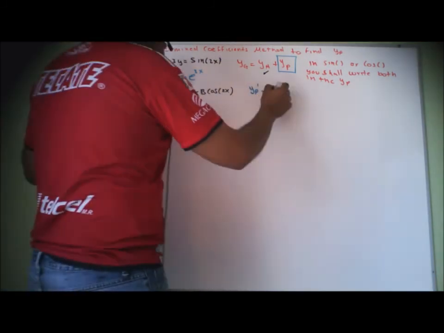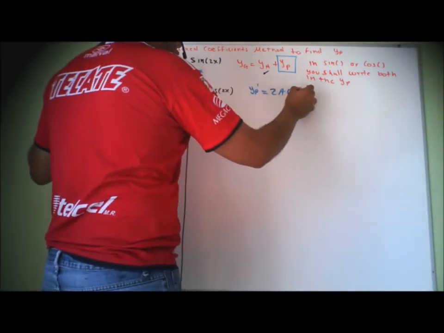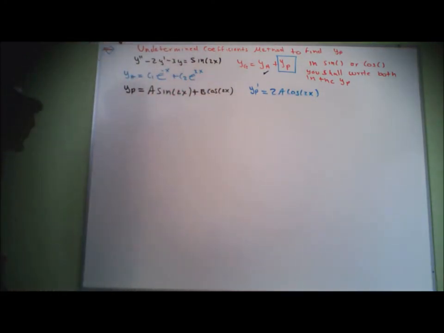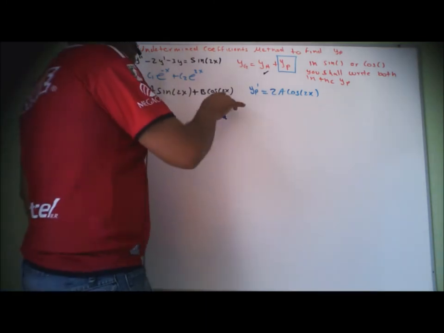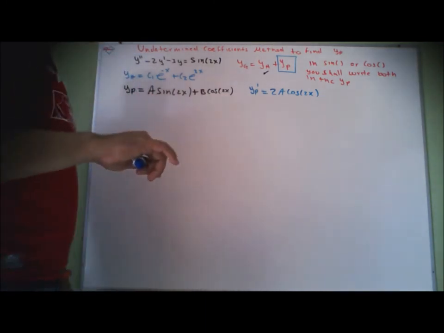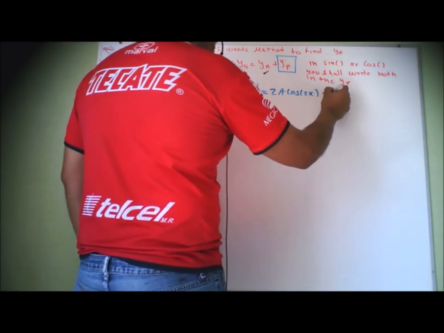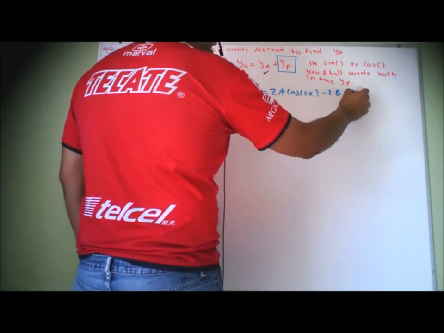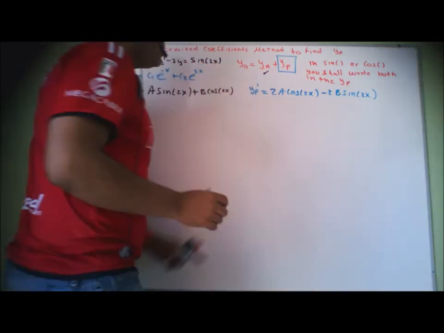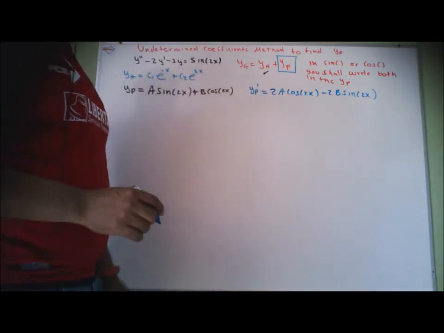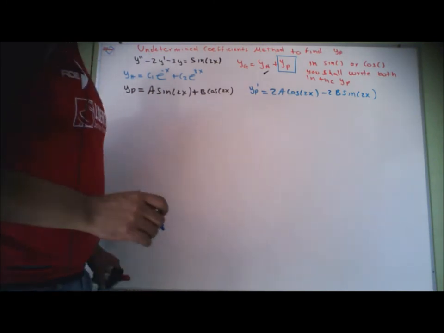So it's going to be 2a cosine of 2x. Now the derivative of the cosine is minus the sine, times the derivative of 2x, using the chain rule, so it's minus 2b sine of 2x. Remember, this 2 comes from the derivative of the argument. That is the first derivative.